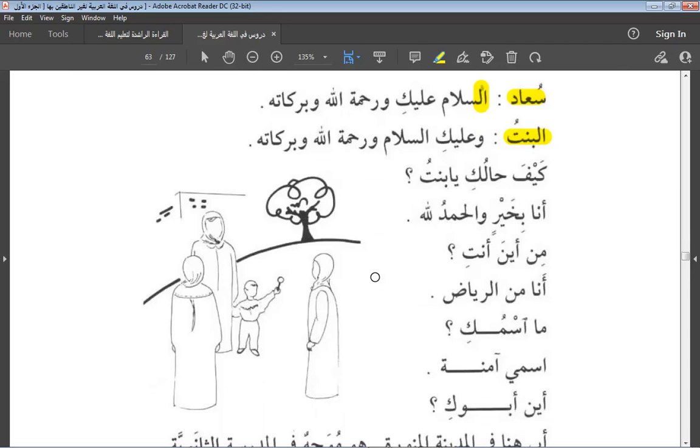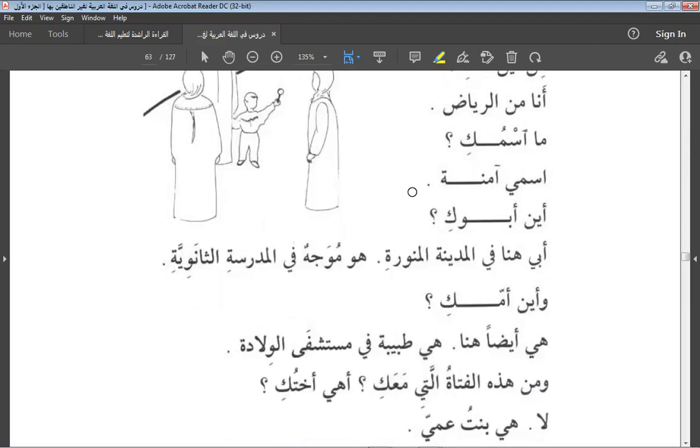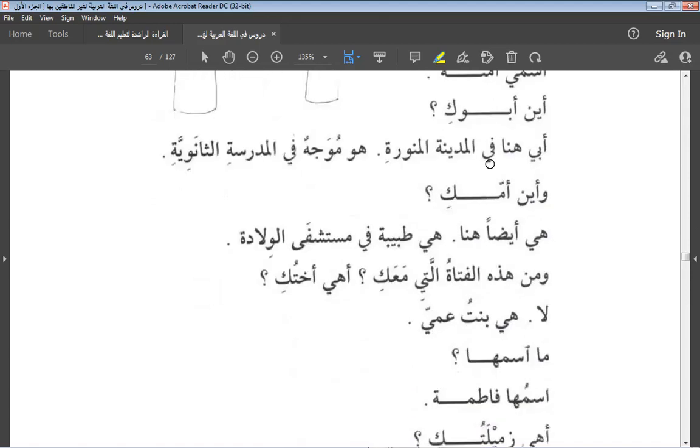I'm from Riyadh in Saudi. Masmuki, what's your name? Ismi Amina. My name is Amina. Aina abuki? Where is your father? Abi huna fil madinati al-munawwarati. My father is here in the Madina Munawwara, the Prophet city.